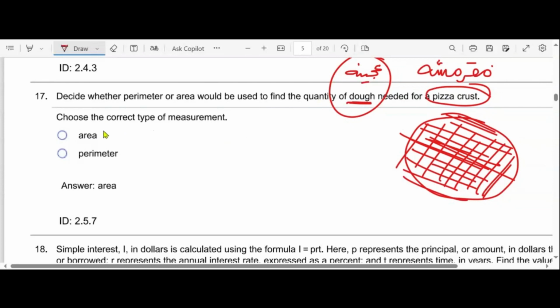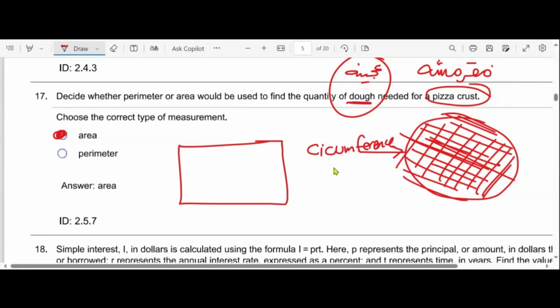Yes. So the whole thing is going to be what? Area. If you are talking about the outside, then it's not perimeter, it's circumference, because circumference is for the outside. But if you have a rectangle, then we don't call it circumference.